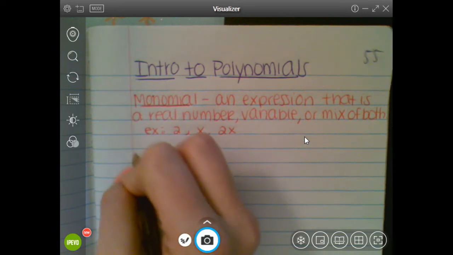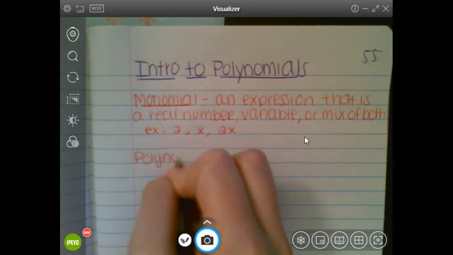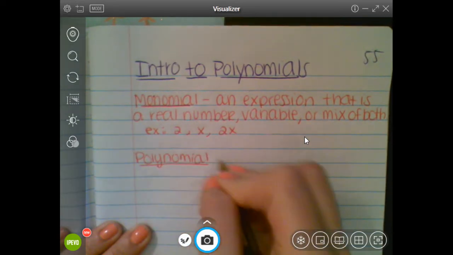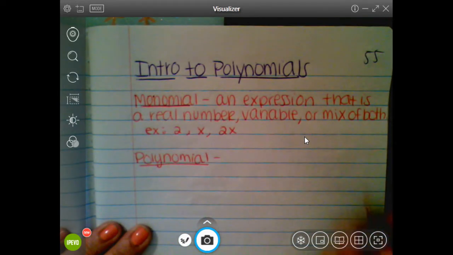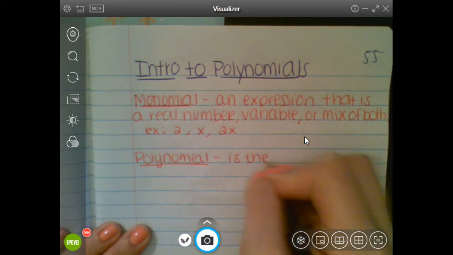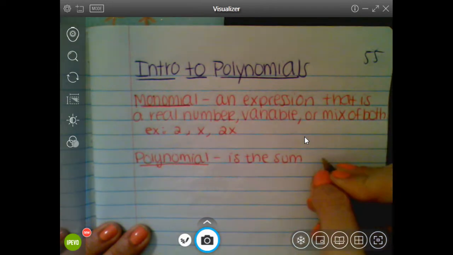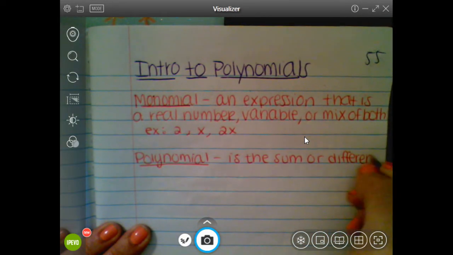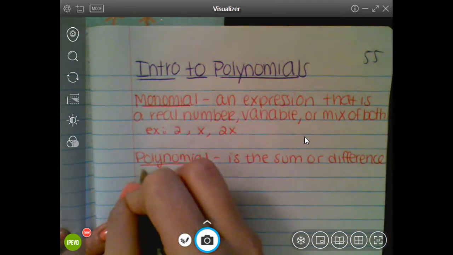Next, a polynomial. Well, many of you probably from other classes have heard the prefix poly before. Poly means many, okay? So a polynomial is the sum or difference of monomials.